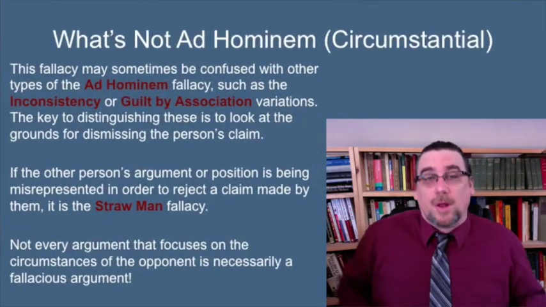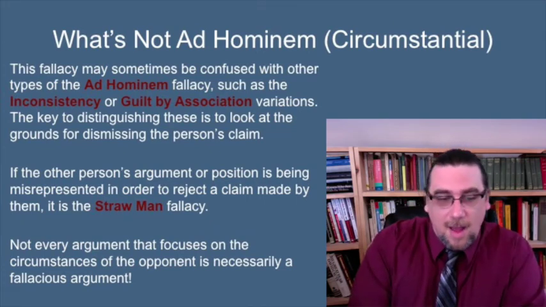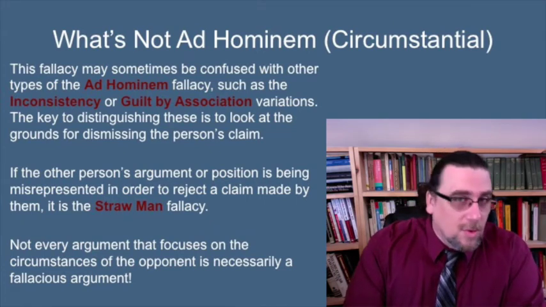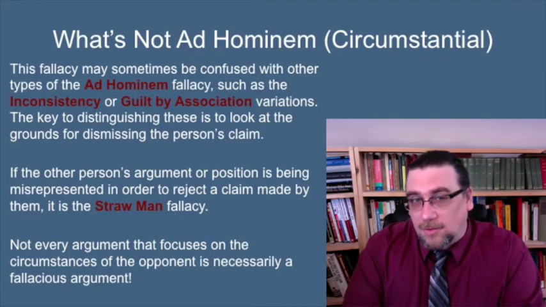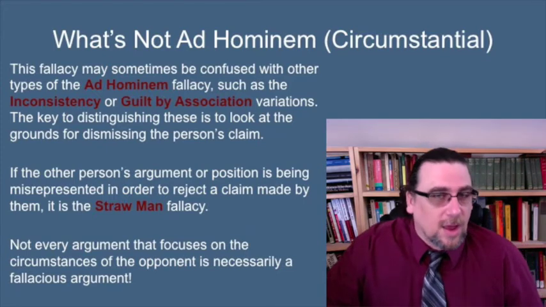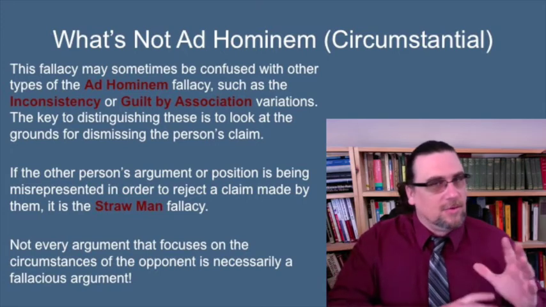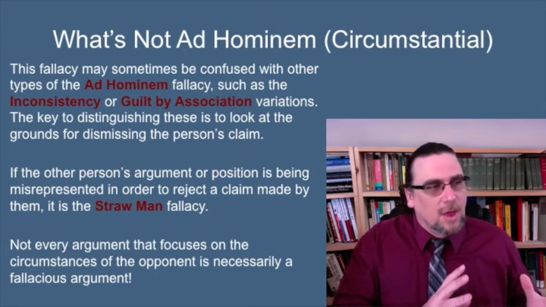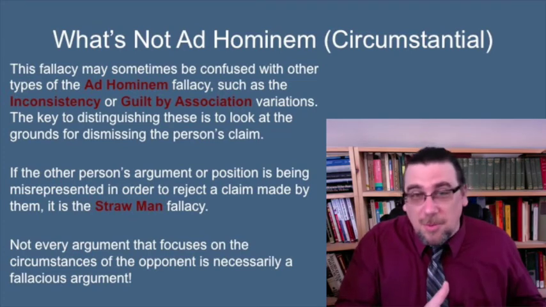Now, if you're a student, you want to be able to distinguish this from other ad hominem fallacies. Another one of them is inconsistency. Another fallacy you'll see is guilt by association. Those are not the same thing as circumstantial. Inconsistency, you're saying that somebody is somehow contradicting themselves, or they're not sticking to the script, you might say.